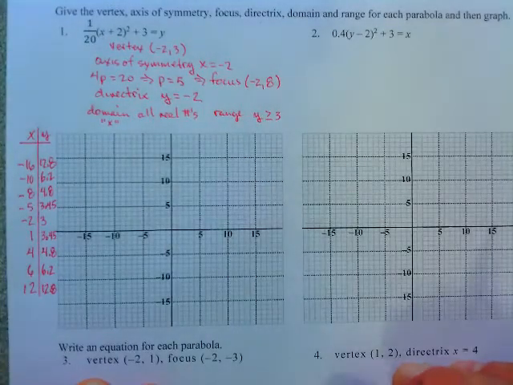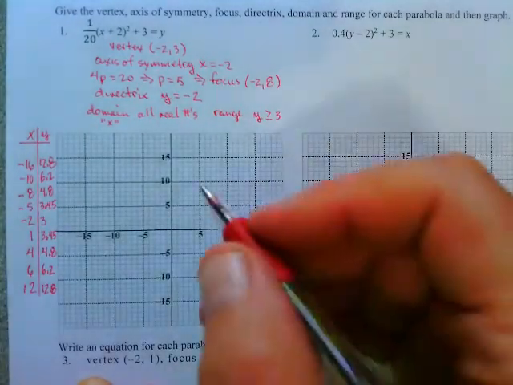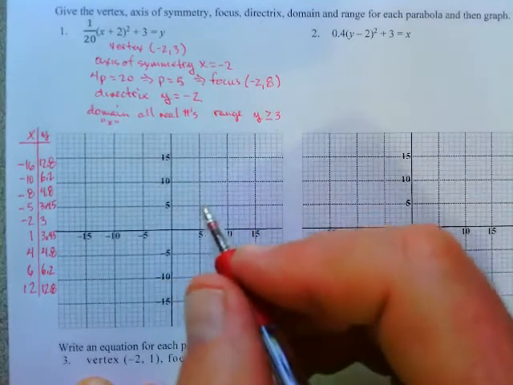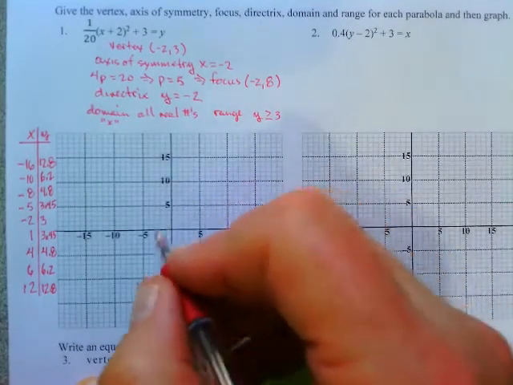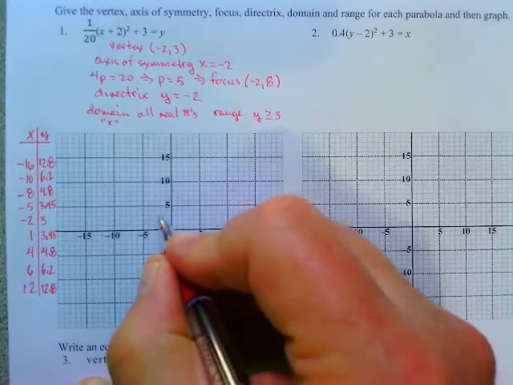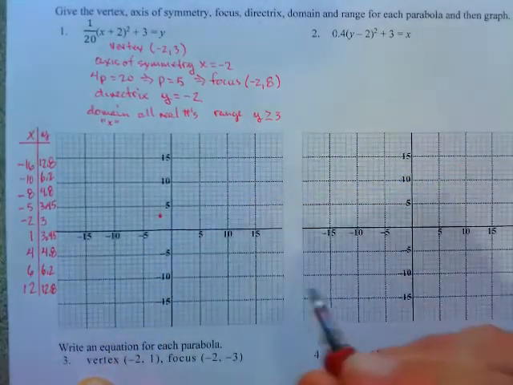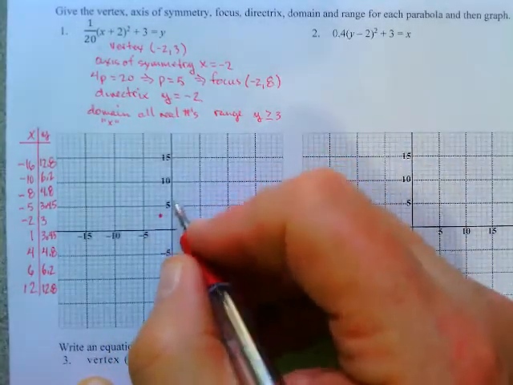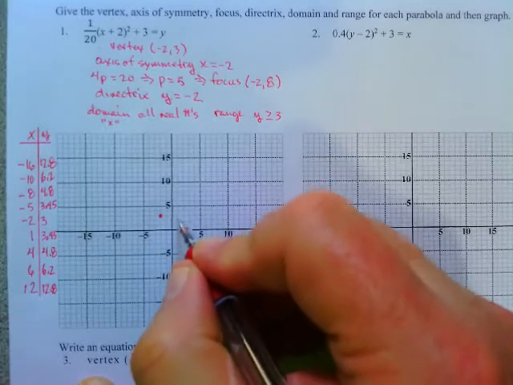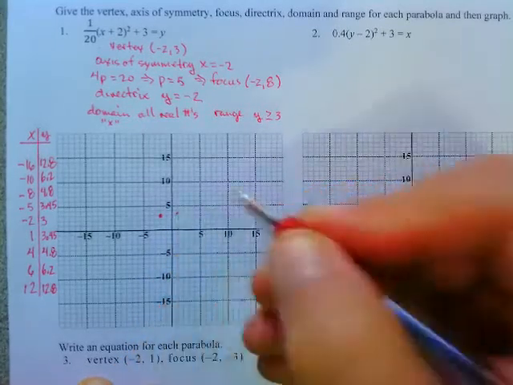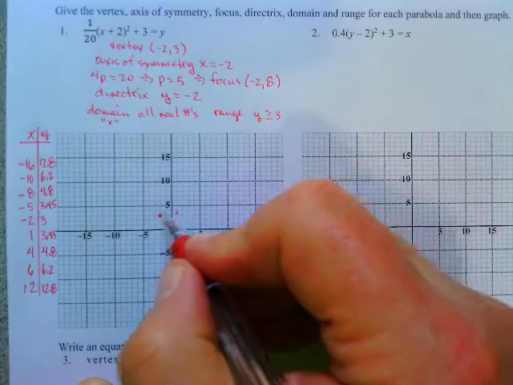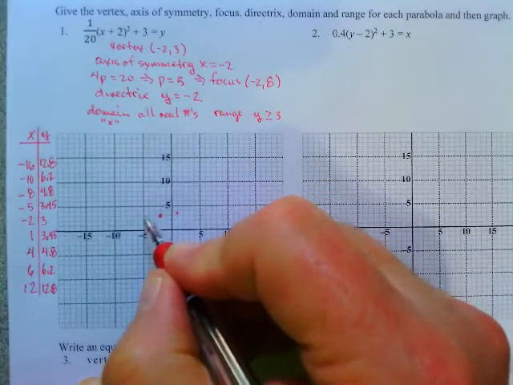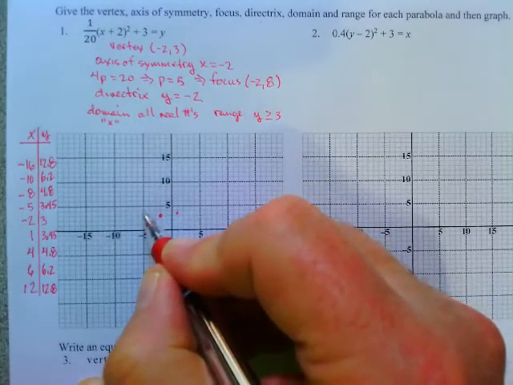So first off, we have the vertex at (-2, 3). So 1, 2 up to 3. And then we have 1 is about 3.5. Let's see, and then across from that, negative 5 is about 3.5.